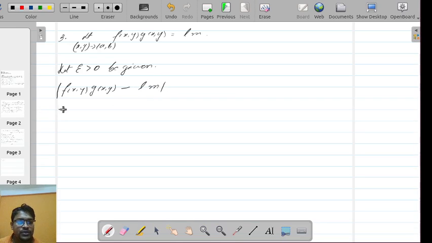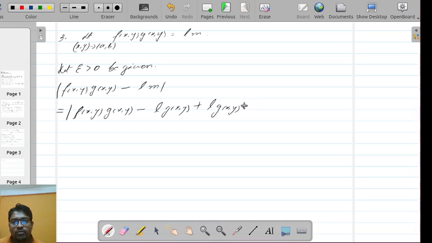Let us try to bring in the triangle inequality. f of xy g of xy minus, let's say, L into g of xy plus L into g of xy minus Lm. You can write it this way.